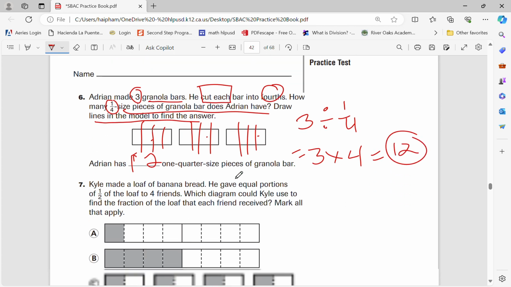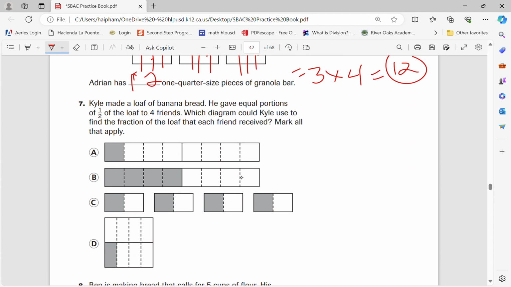Moving on, number 7. Kyle made a loaf of banana bread. He gave equal portions of half of the loaf to 4 friends. Which diagram could Kyle use to find the fraction of the loaf that each friend received? Mark all that apply. That does imply that there will be more than one answer here.